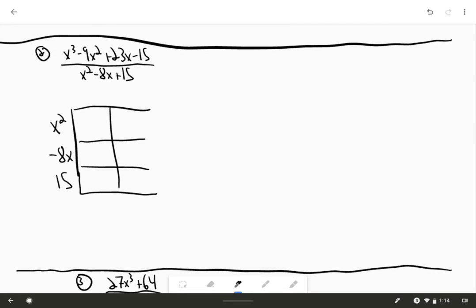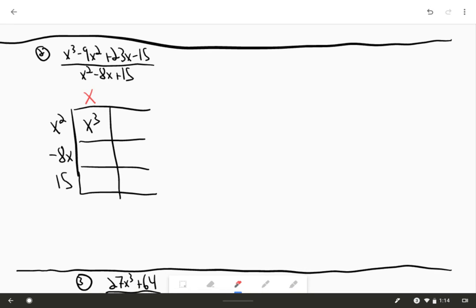I put the first term of the numerator in the top left, so x cubed. Now I'm going to do the same thing I just did. What goes up here? X squared times what is x cubed? The answer is, of course, x.